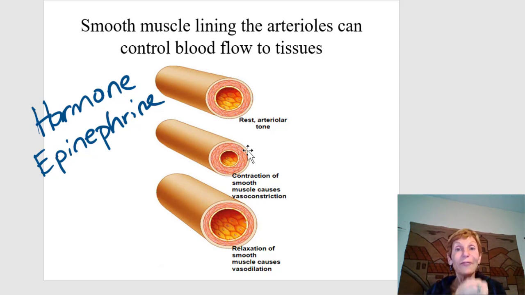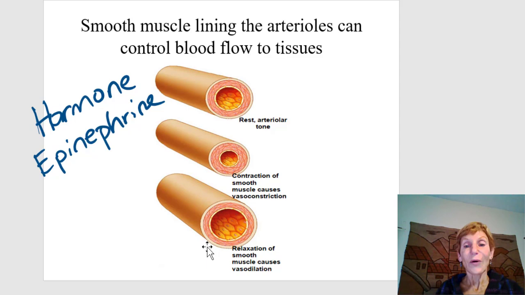And so epinephrine actually has different roles, does different functions on that smooth muscle depending on where the smooth muscle is, in which arteriole beds, arterioles leading to capillary beds.